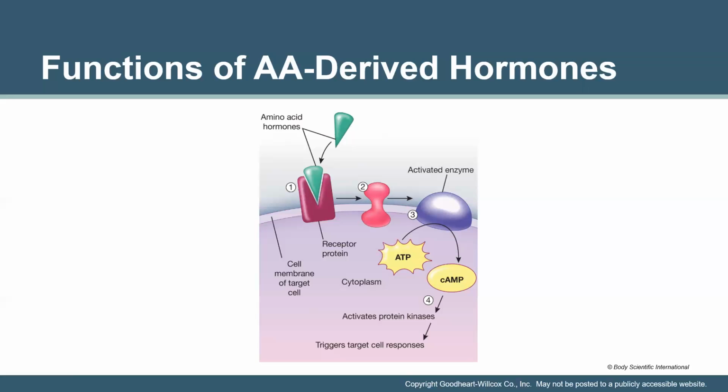This cyclic AMP will activate the protein kinases with energy supplied by ATP, which will produce a cascade of responses that range from activating enzymes to causing protein synthesis and glycogen breakdown.